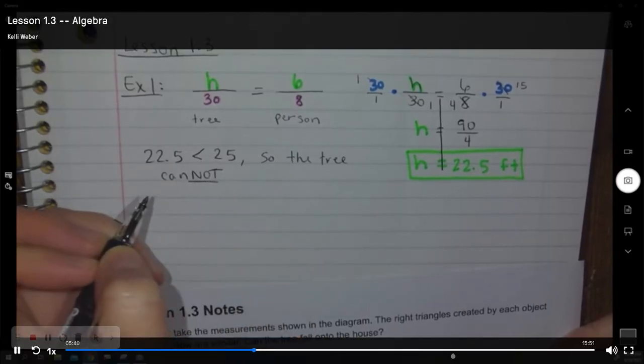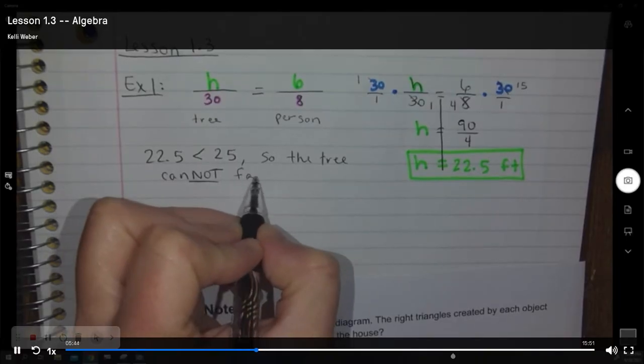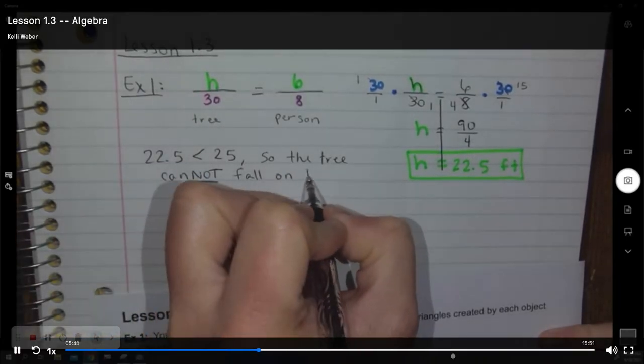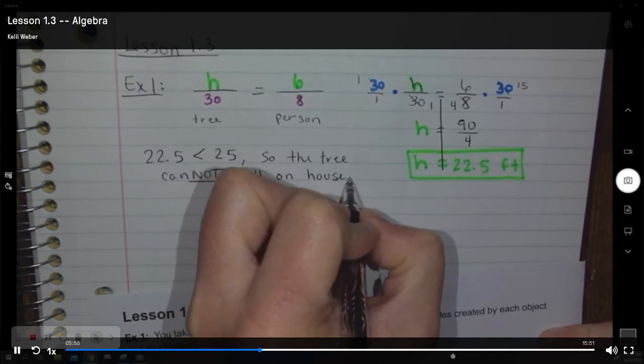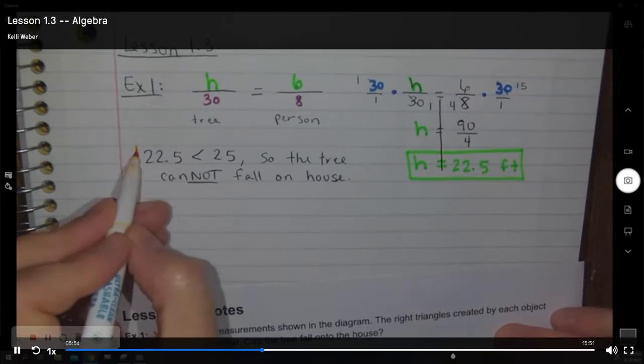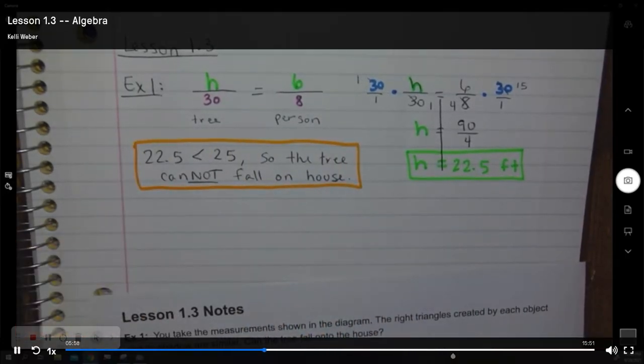In theory, let's be real. Sometimes life happens and somehow mistakes happen and it could maybe, but based on the height of it and the location of the tree originally, in theory, it should not hit the house.